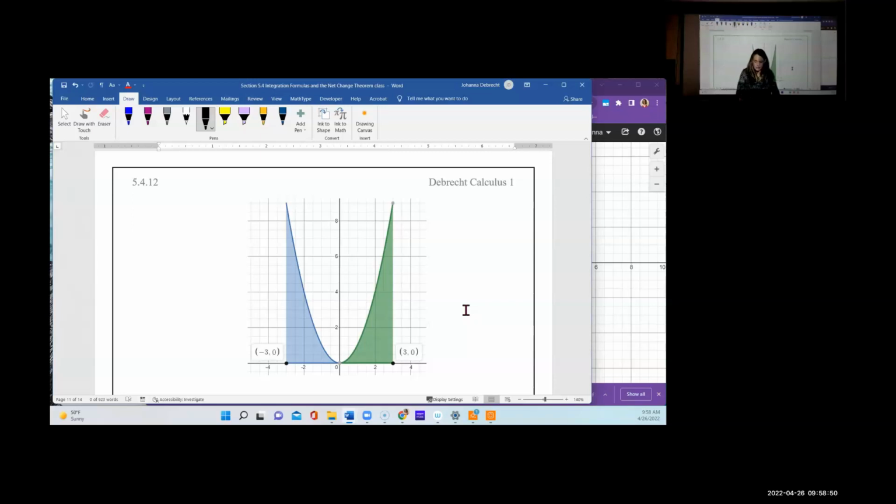So regardless of which one I did, it would be the same. So integrating from -3 to 3 of f of x dx would be the same as integrating from -3 to 0 of f of x dx and doubling it, or integrating from 0 to 3 of f of x dx and doubling that. All right, be the same.